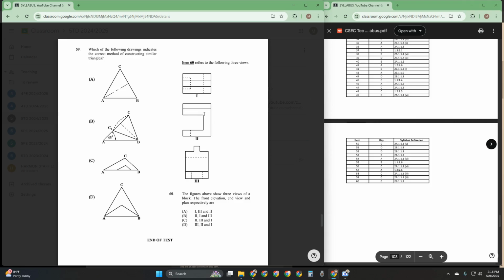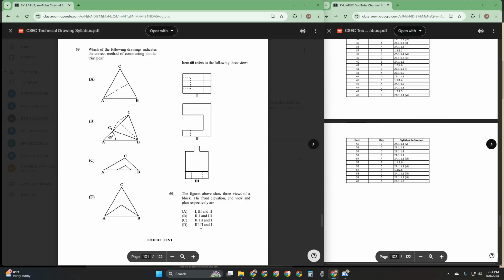All right, cool. So is it 1, 3, and 2? So front, end, and plan. So this is 1. This is 3 here. And this is plan. All right. Okay, let's just see what the answer is.